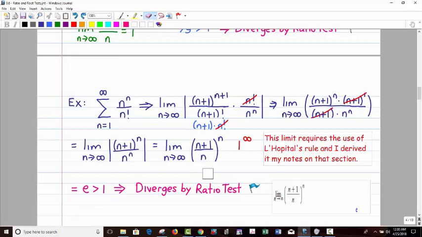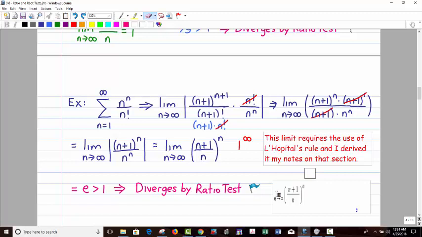which if you broke that up into two fractions, it would be 1 plus 1 over n to the n, and that is famously the definition of e, actually. In fact, and I'm just mentioning here, if you refer to my notes on L'Hopital's rule, we worked this out, except we used x instead of n, but it does work out to be e.